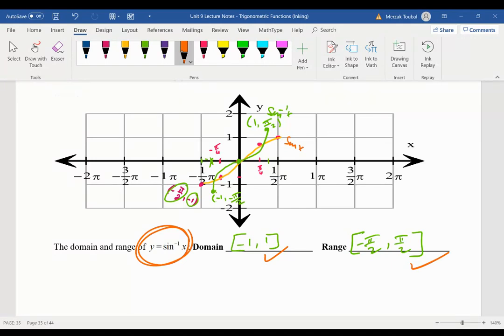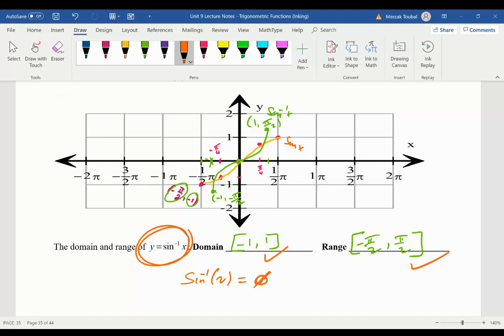So what does this mean? It means whenever we try to find the value of sine inverse, that value has to be in the closed interval negative 1 comma 1. For instance, if we say, what is sine inverse of 2? Well, that has no value. Why? Because 2 is not in the interval negative 1, 1. It's outside this interval.